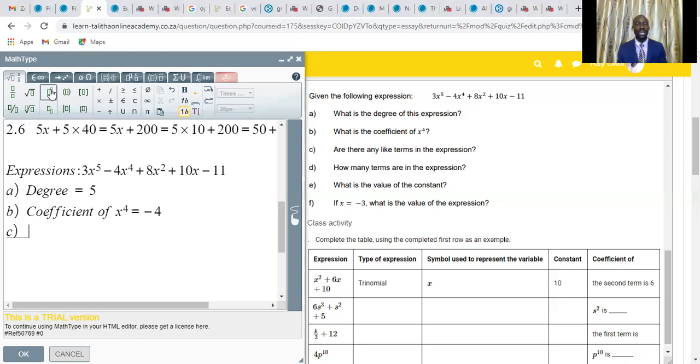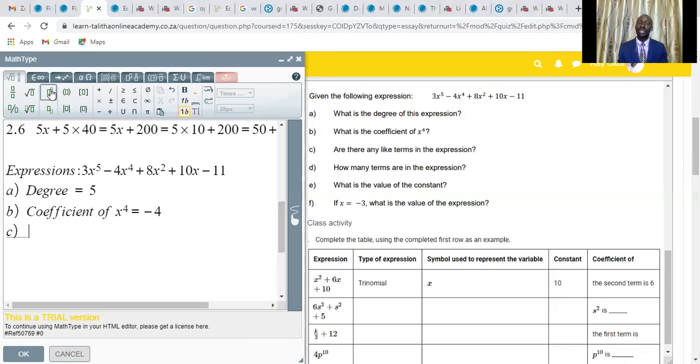If this one has y, the other has y. If this one is 1, that one may be 5. If there is no x attached to one quantity, and there is another quantity with no x attached, we say they are like terms, because they don't have any x attached to them.